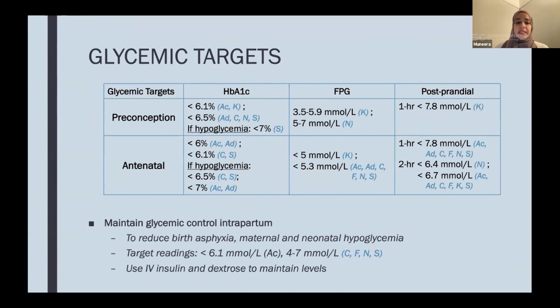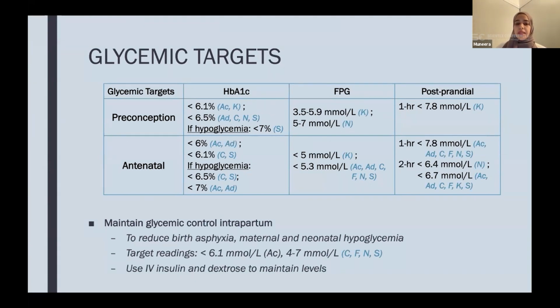When it comes to glycemic targets, preconceptionally, it is recommended to have an HbA1c of less than 6.1% or less than 6.5%. However, if they have bouts of hypoglycemia, we can have a higher target of less than 7%. We can also use fasting plasma glucose to monitor their glycemic target.